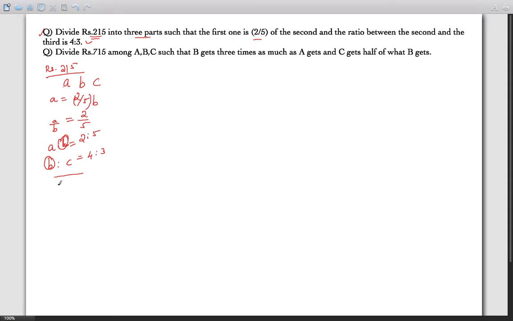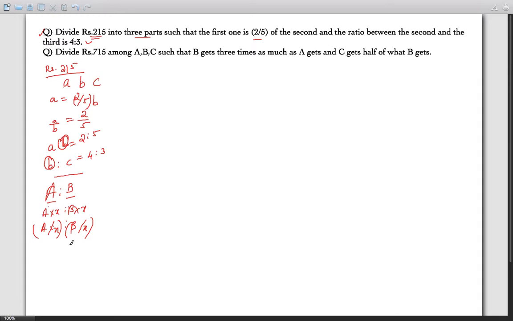In ratios we have a property that whenever you have a ratio, say A is to B, I mean two elements or two terms of the ratio, then if you multiply or divide these with the same quantity, the value will not change. That means I can write A is to B as A into, say, some X is to B into X, or I can write this as A by X is to B by X.